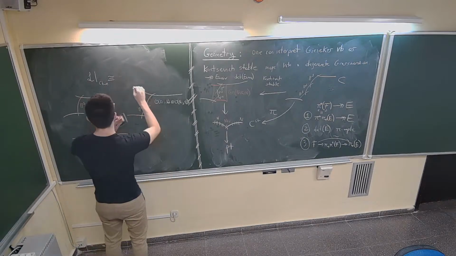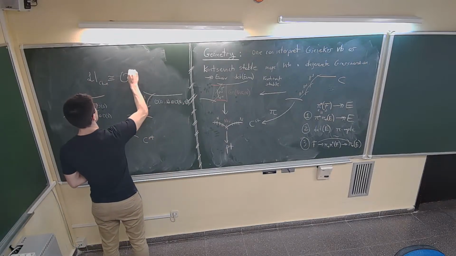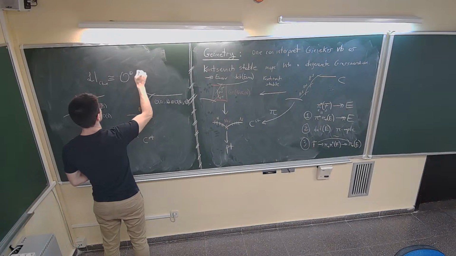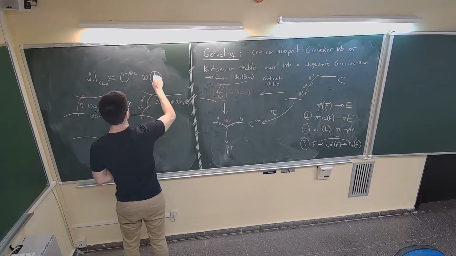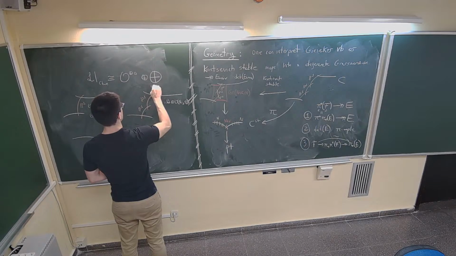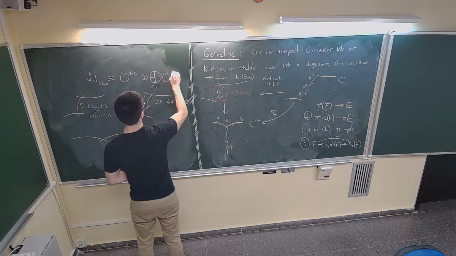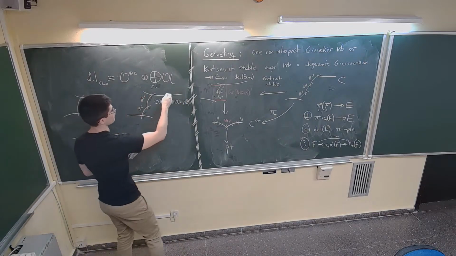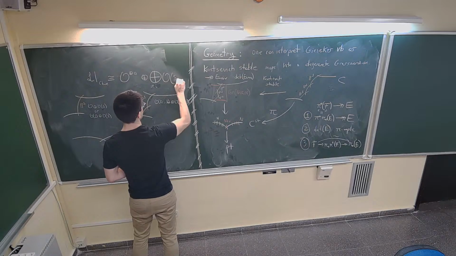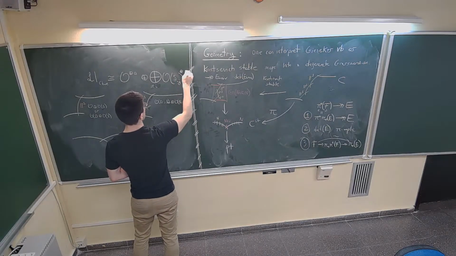It's like some copies of the trivial line bundle to the a, and then there's going to be some copies of O where it's zeros everywhere except 1 at some spot, and I'm going to say that I use the Kronecker delta function, so O(δ_ij), and there's going to be some copies of this.